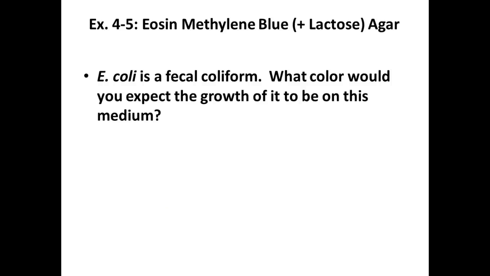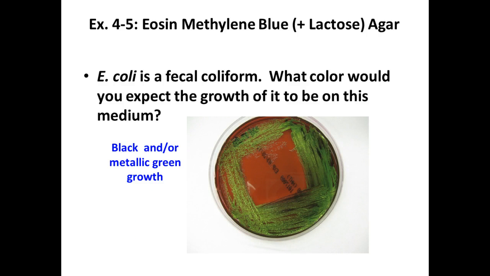So E. coli is a fecal coliform, right? So it's in this classification. It's a gram-negative bacillus. It ferments lactose and produces gas, and it's a really good fermenter. So what color does it appear on these plates? It's going to appear black and/or metallic green growth, right?